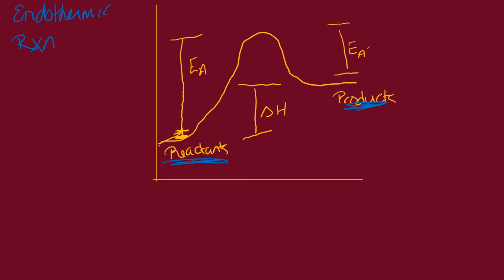As you're adding energy here to get it to go over, some of these are going to keep coming back over this hump because this activation energy is smaller. And then our delta H is the difference between our reactant and our product energy levels. So there's our delta H.